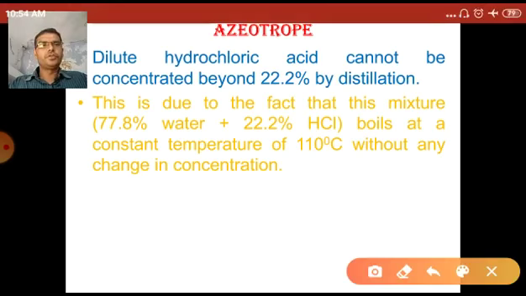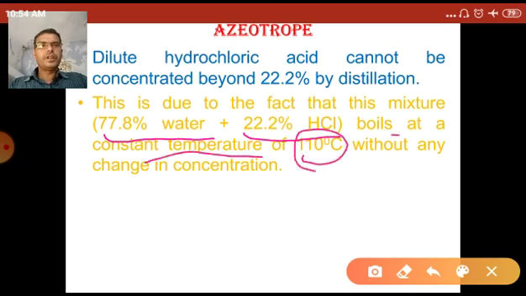This is due to the fact that this mixture, that means 77.8% water and 22.2% HCl, boils at a constant temperature of 110 degrees Celsius without any change in concentration, and this mixture is called the azeotrope.